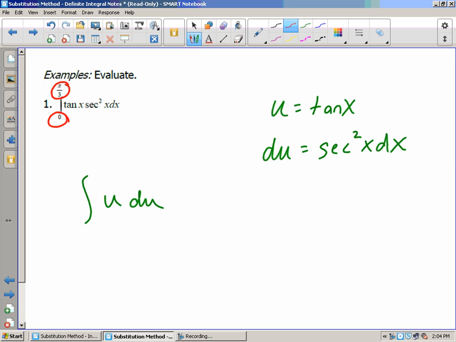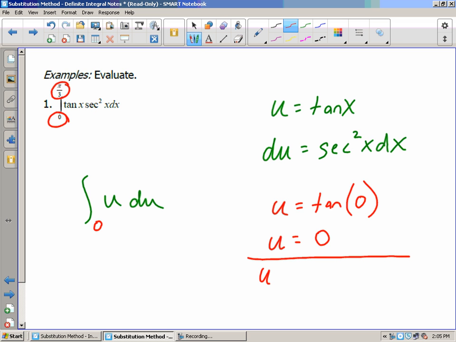So going back to what I initially assigned u for, I'm going to first plug in the lower limit. So tangent of 0, work that out. We know tangent is sine over cosine, so 0 over 1. So this new limit value in terms of u is still staying at 0. Then we do the next thing, upper limit.